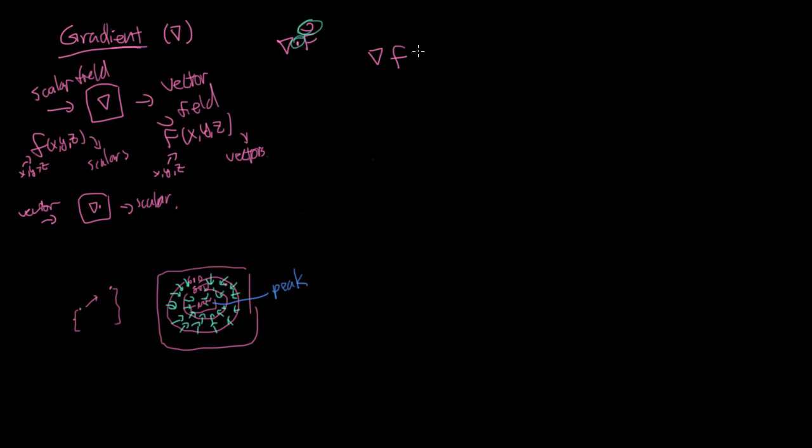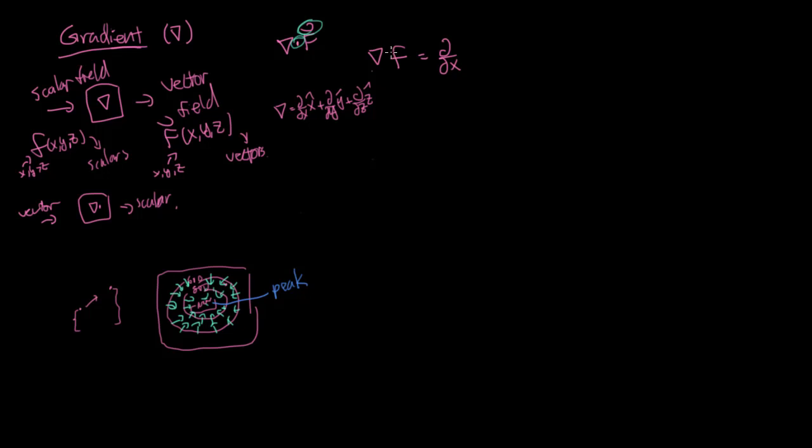The gradient of f in Cartesian coordinates is going to be a little bit more intuitive. Remember, this operator in Cartesian coordinates makes sense if you view it as d by dx, x hat, d by dy, y hat, d by dz, z hat.